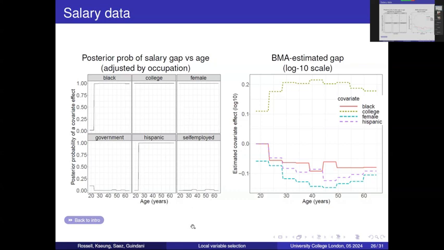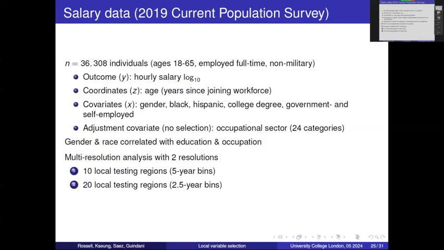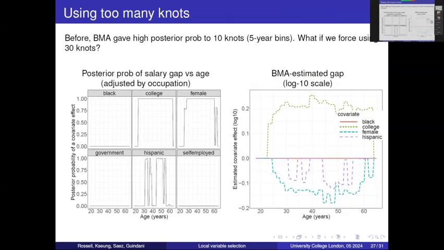Suppose for a second that we don't do a multi-resolution analysis, and I say, no, look guys, I don't want 2.5-year bins. I want more resolution, say 1-year bins or 1.5, a more precise picture of what's going on. This is the result of doing the exact same analysis, the exact same methodology, but now using 3 times as many nodes.